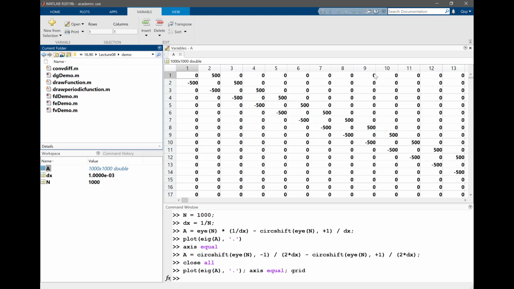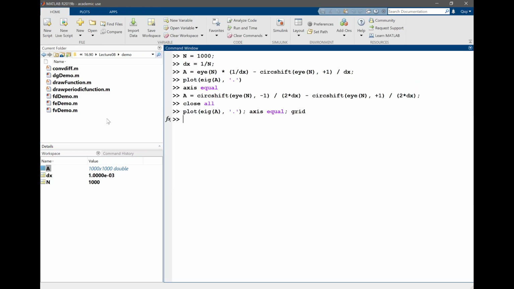So let's look at the demo again, and let's set conv diff. Let's still set our a to be 1 so that the solution should move towards the right at a speed of 1. Now let's set our kappa to be something small, let's say 0.01.